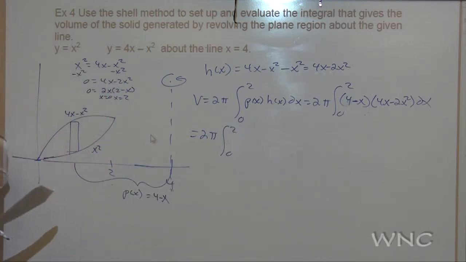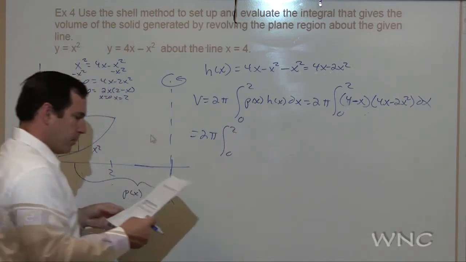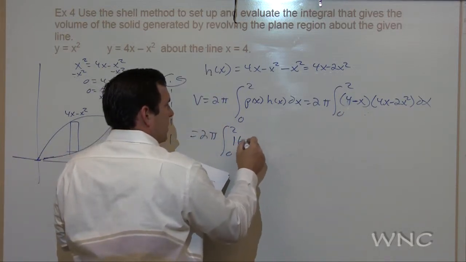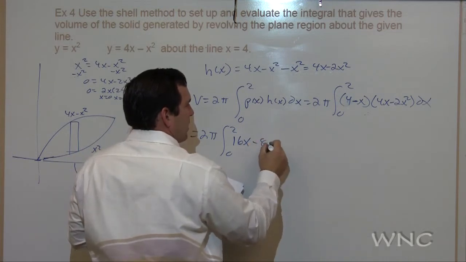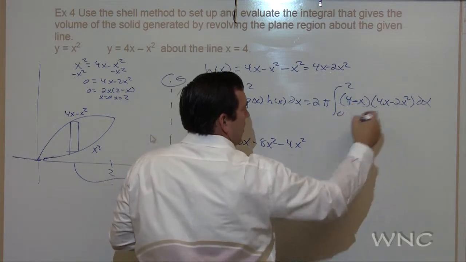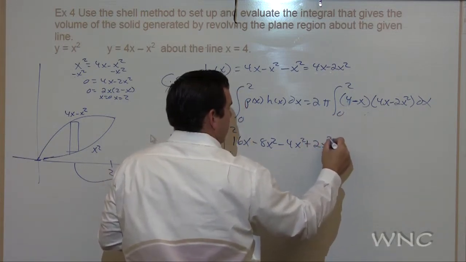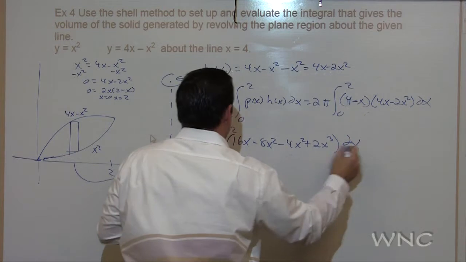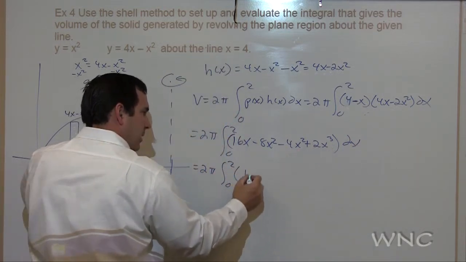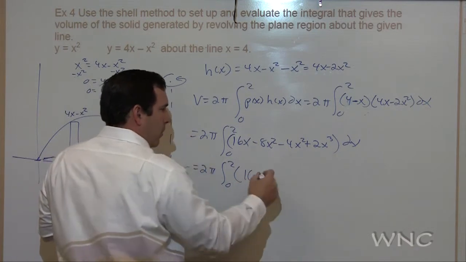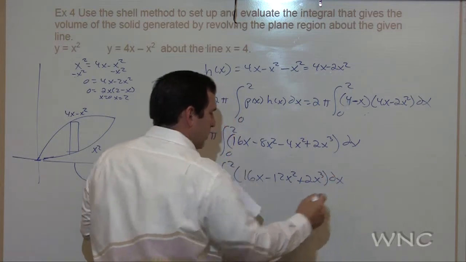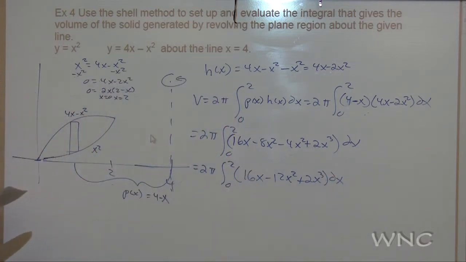Okay. So we FOIL this out. We're going to end up with 16x minus 8x squared minus 4x squared plus 2x cubed. So that's 16x minus 12x squared plus 2x cubed dx. So we can integrate that.